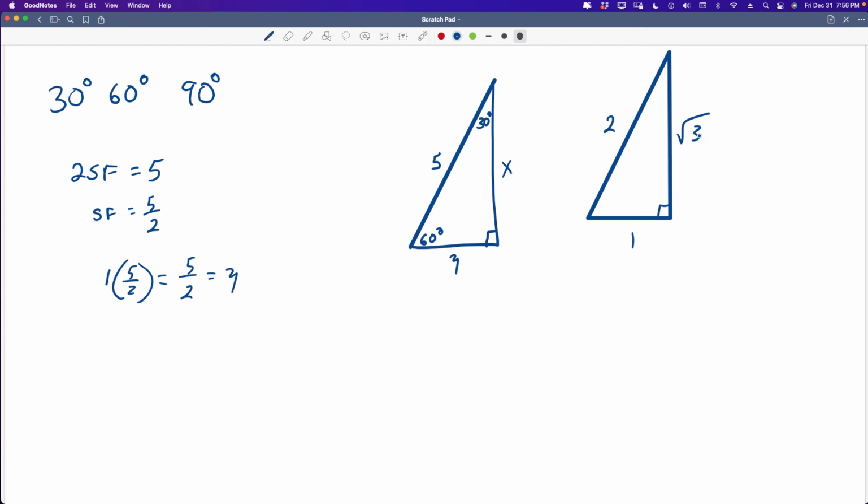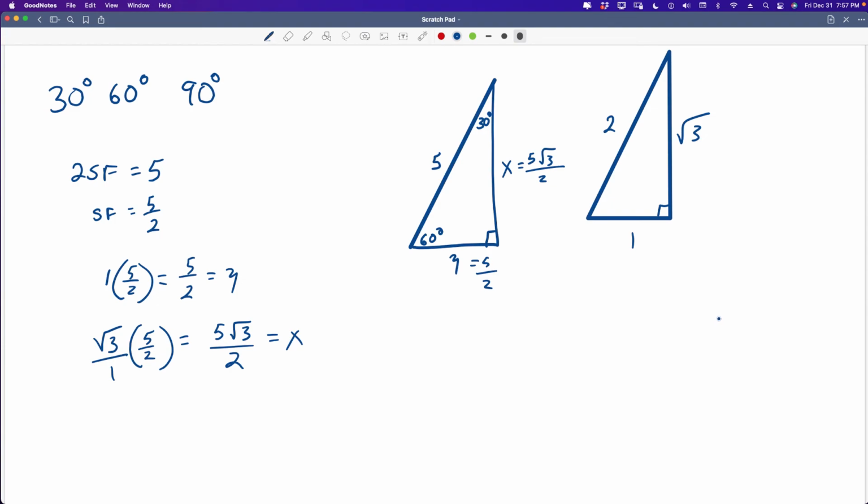We have a square root of 3 here times our scale factor, that's going to be x. So the square root of 3 times our scale factor of 5 over 2 is equal to 5 times the square root of 3 over 2, and that's equal to x. So x would be 5 times the square root of 3 over 2, and y would be 5 over 2. Easy peasy.